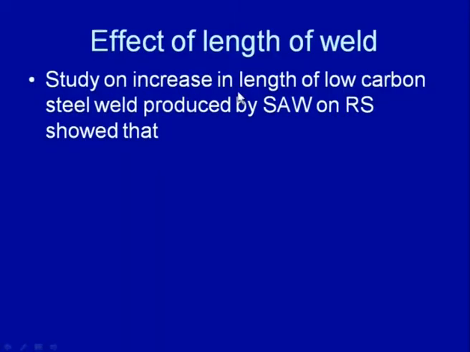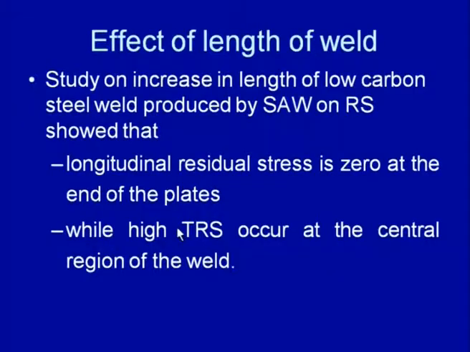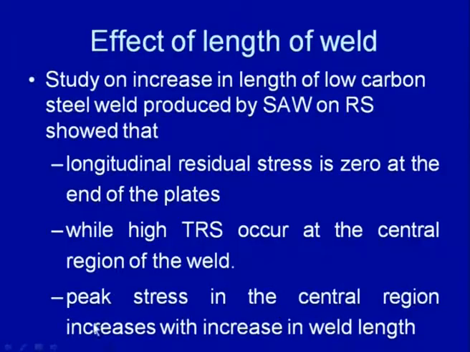Then the length of the weld. A study has shown that with increase in length of the weld developed on low carbon steel using SAW, the longitudinal residual stress is 0 at the end of the plates. Both the ends experience the minimum residual stresses, while the tensile residual stresses are found at the center of the weld, and the peak stresses in the central region increase with the increase of the weld length.